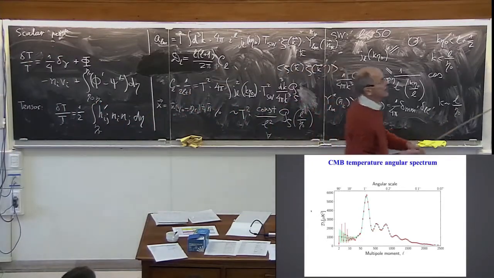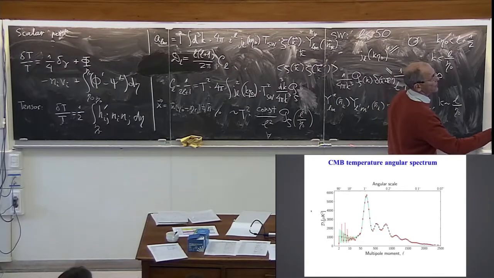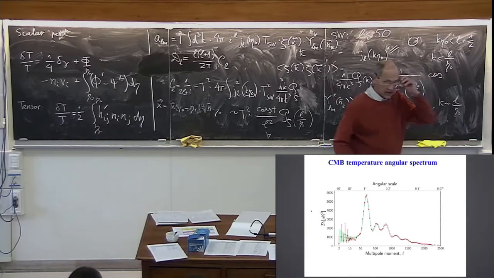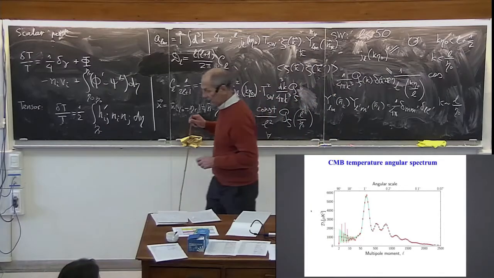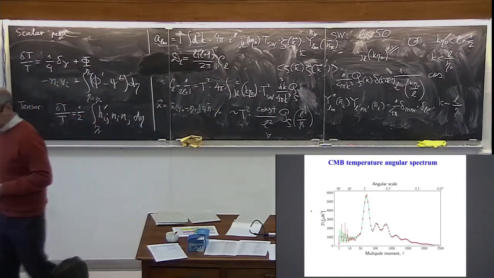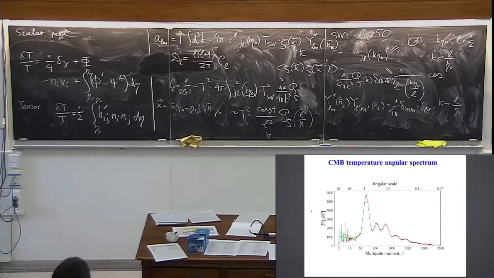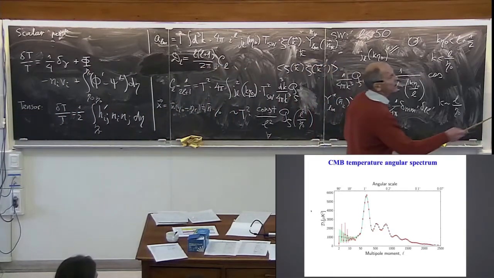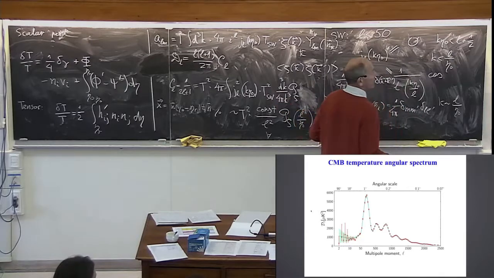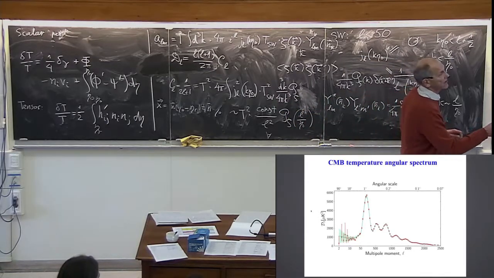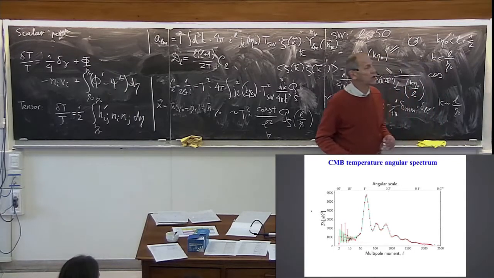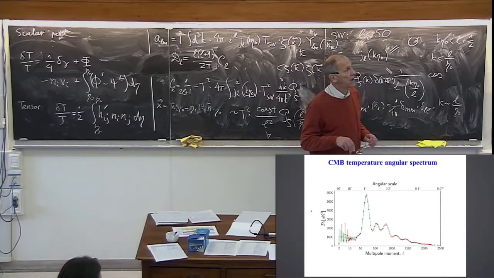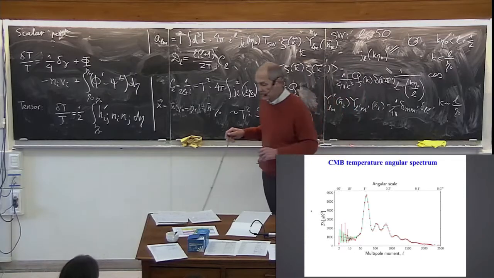This is the Sachs-Wolfe region with dominating Sachs-Wolfe effect and superhorizon modes at recombination. All these modes are superhorizon at recombination, and as we see, they give a flat contribution, essentially independent of L, to the angular spectrum of the cosmic microwave background.